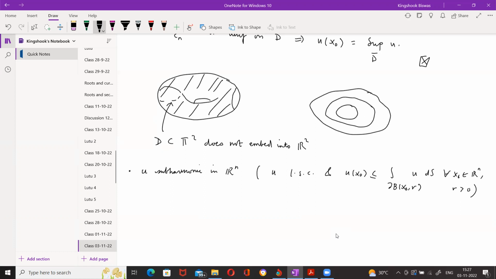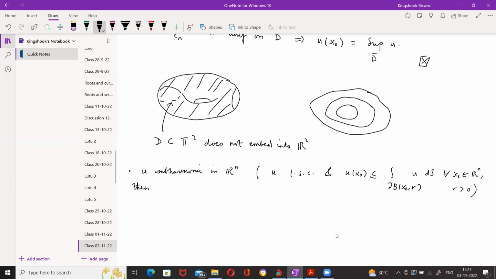This is how you can define subharmonic in Rn without using any smoothness. Sometimes these are called weak subharmonic functions. Weak subharmonicity is really about the distributional Laplacian, but that's equivalent to this. That takes a proof.